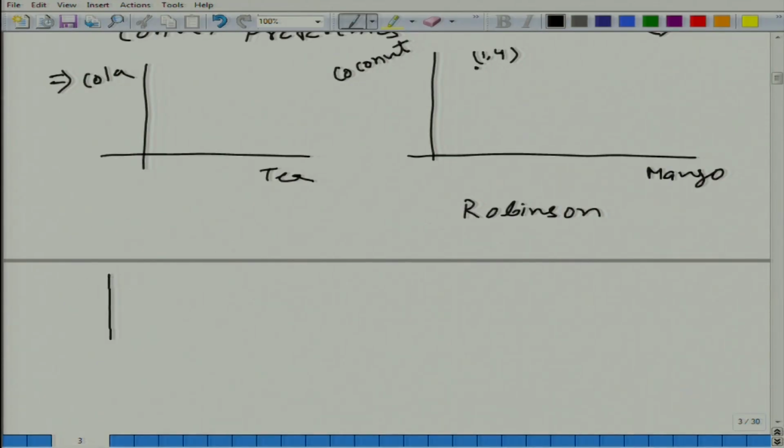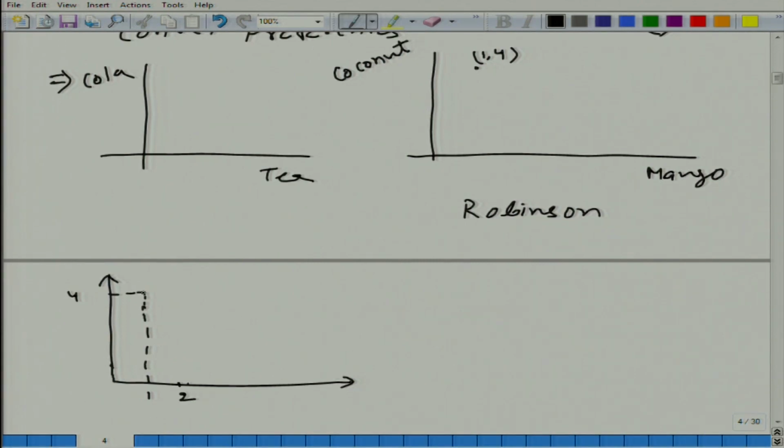So now let's say Robinson wants to increase his amount of mango from 1 to 2. Here we have 1, here we have 4, and here is 2. Earlier he is here. So he wants 1 unit of mango.